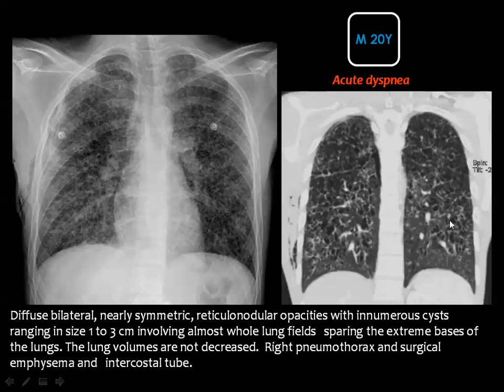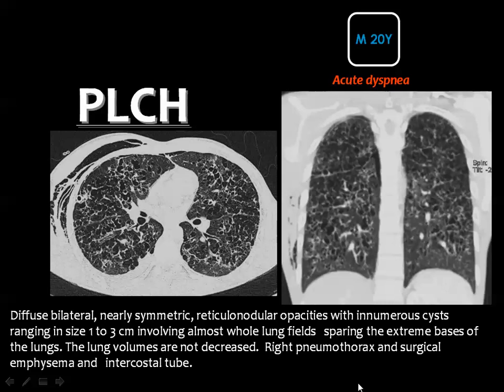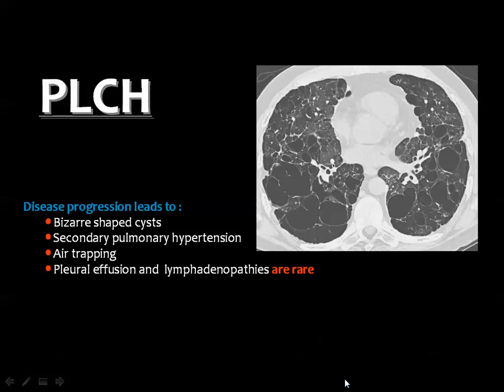They affect mainly the upper and the middle lung zones. They spare the bases of the lung, and sometimes the cyst may rupture, resulting in pneumothorax and surgical emphysema.